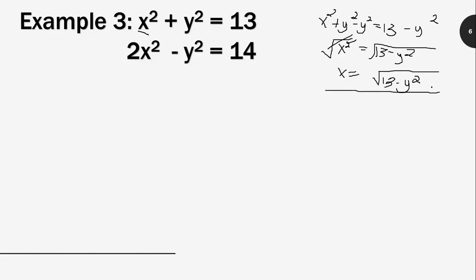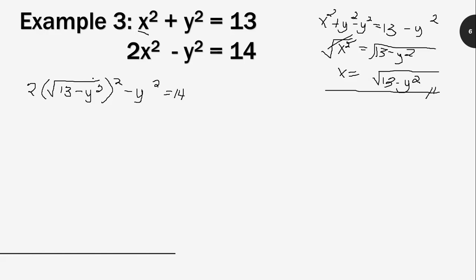So this is the temporary value of our x. Substitute that one to the equation na hindi natin nagalaw, which is equation number 2. And our x is the square root of 13 minus y squared, quantity squared, minus y squared is equal to 14.